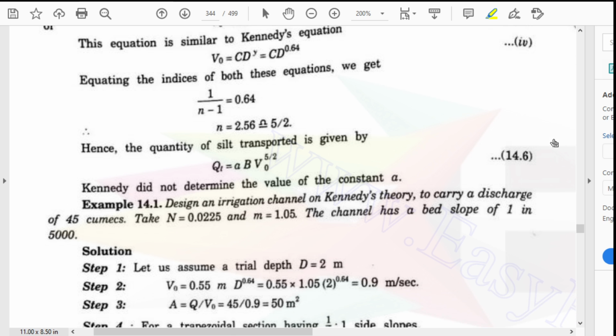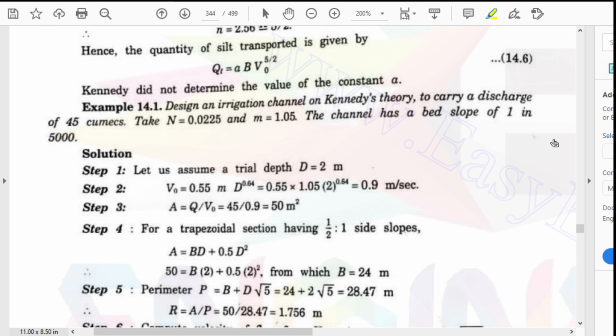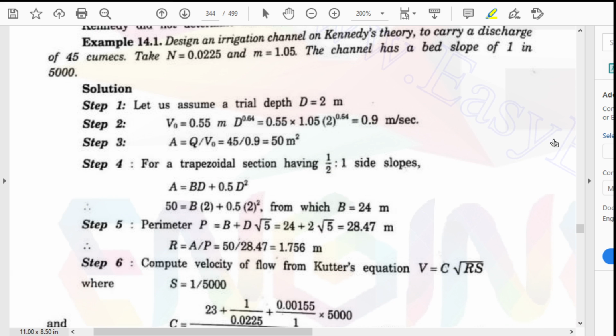Now the first numerical is: design an irrigation channel on Kennedy's theory to carry a discharge of 45 cubic.